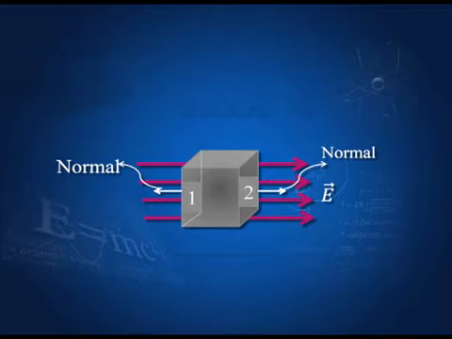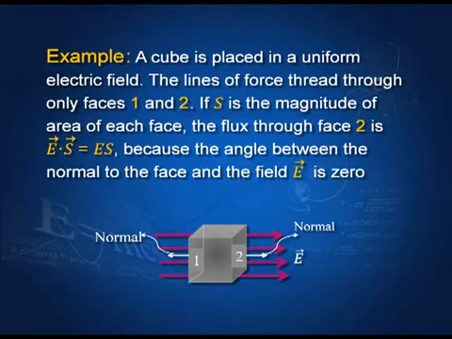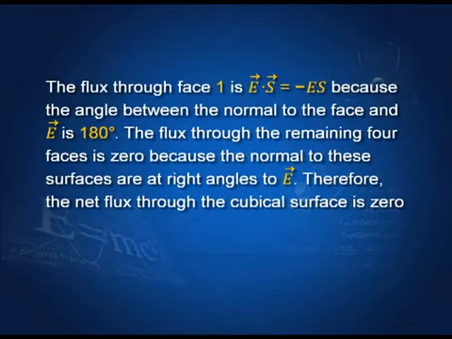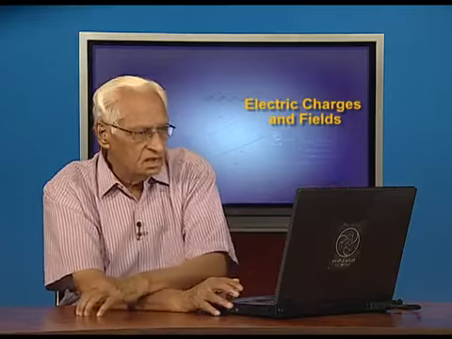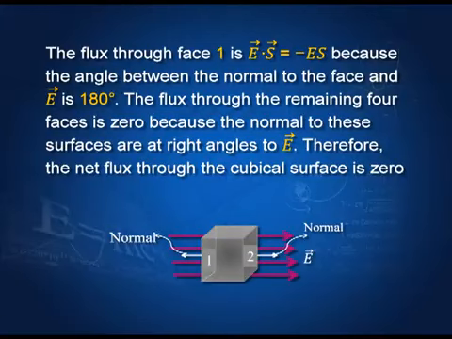Therefore, the net flux through faces 1 and 2 is 0, and there is no flux through this face, this face, this face, or the face opposite to it, because the electric field is parallel to these faces. Through face 1, the flux is E dot S, which is minus ES, because this angle is 180 degrees and cosine of 180 degrees is negative.